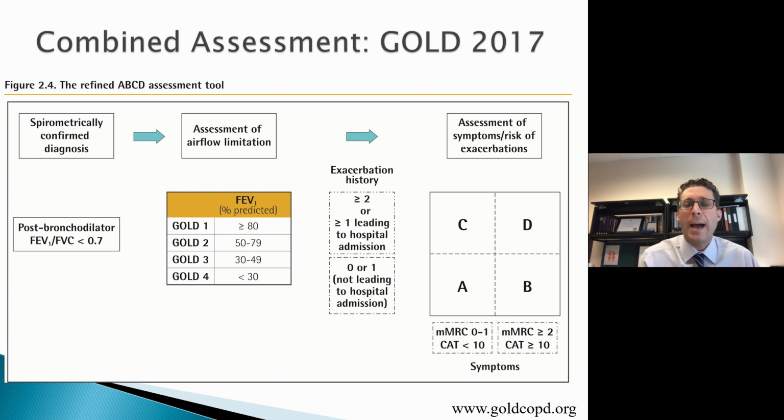And GOLD has also added 1 exacerbation leading to hospital admission as a marker of high risk. So then you put these numbers together in both categories and come up with A, B, C, or D, where patients may range from low symptoms, low risk of exacerbations in category A to category D, which are high symptoms and high risk of exacerbations. And the updated guidelines use different drug therapies depending on these different letter grades.